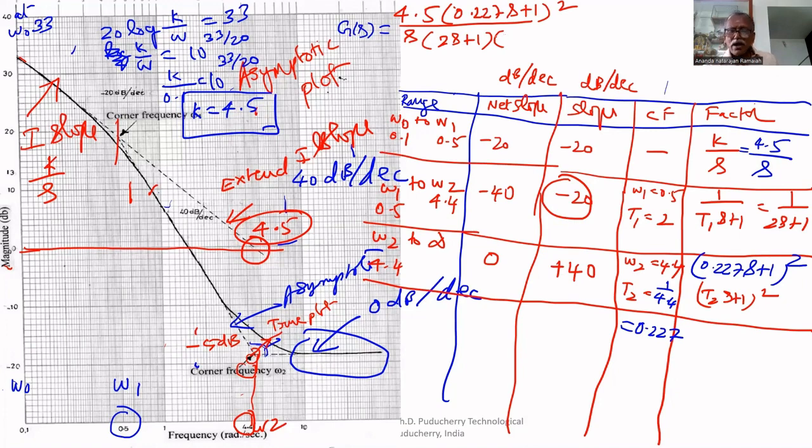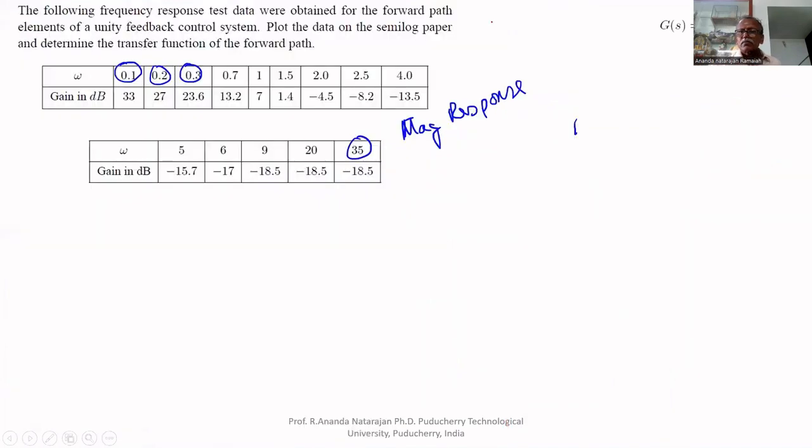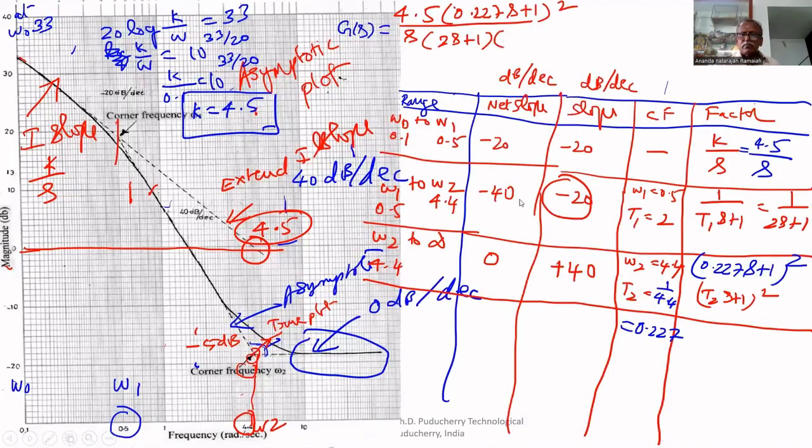That's all. Yes, we got the same answer. Therefore, the given transfer function is this. This is the transfer function for the given Bode plot, frequency response.